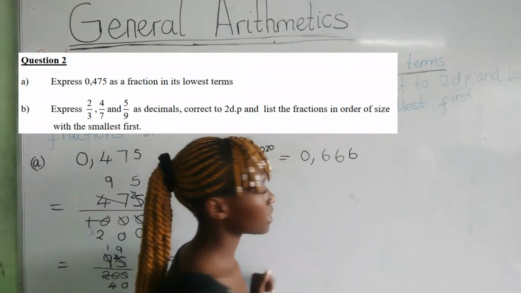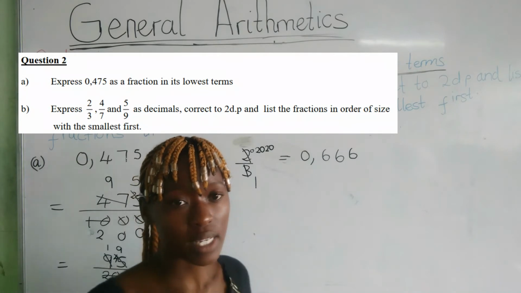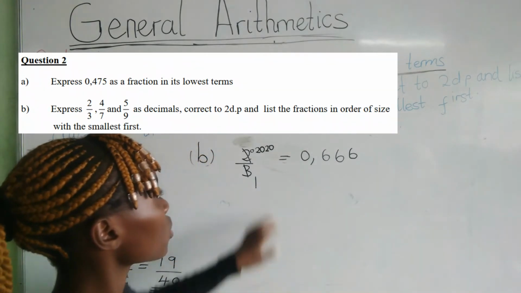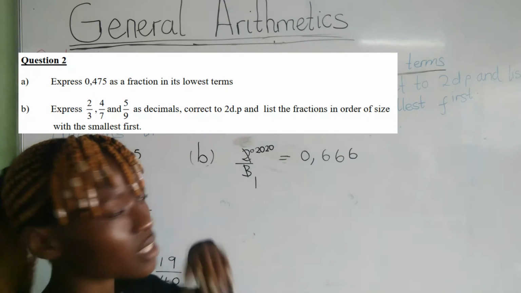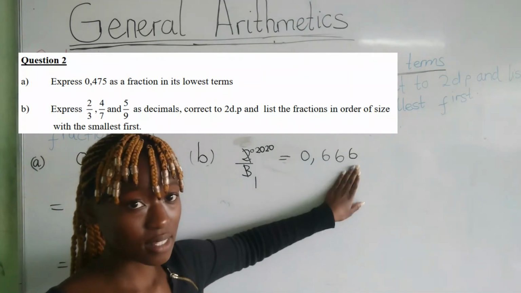As we can see, this is a recurring decimal. So as we continue to divide, it just gives us the remainder of 2 and we add a 0 and it will just give us 6.